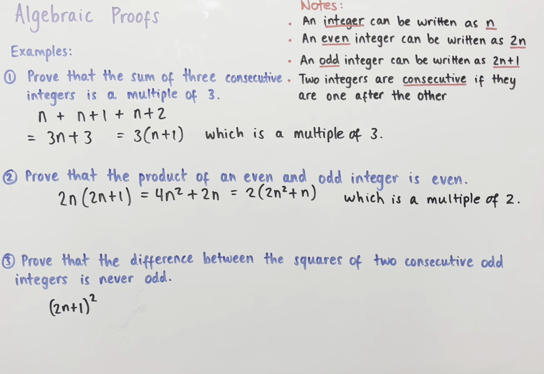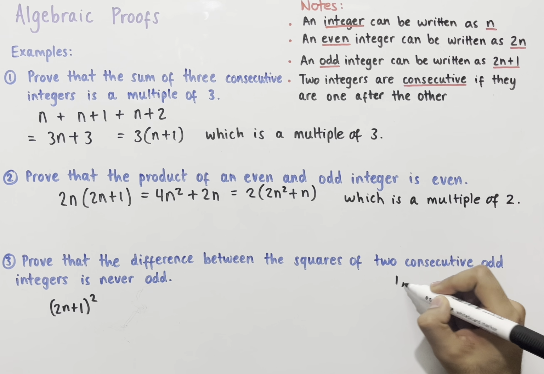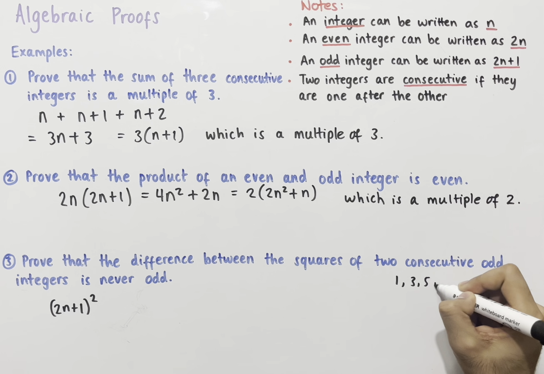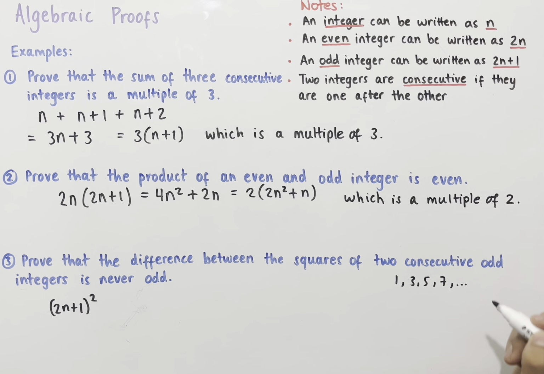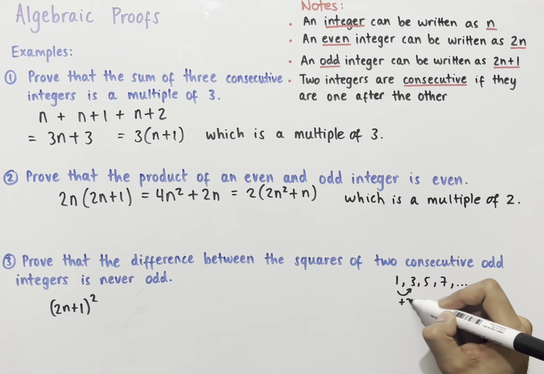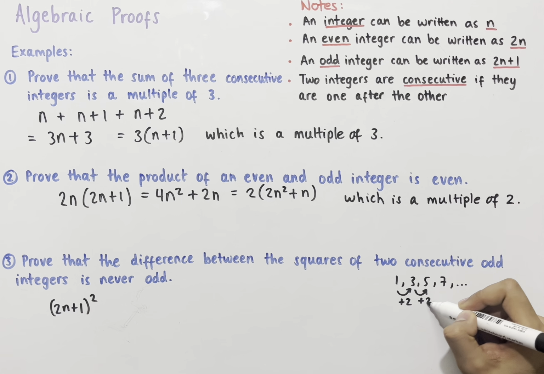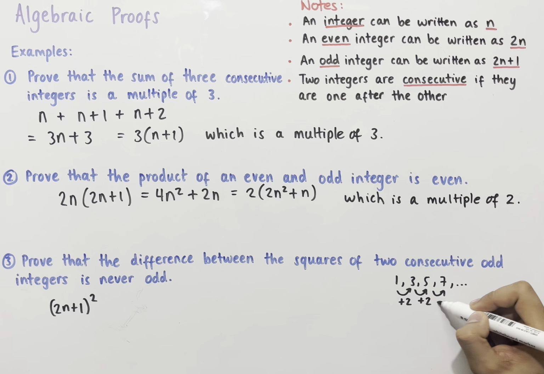If we think about odd integers, let's start by writing some down. So 1, 3, 5, 7, and so on. What we notice is that to get from one odd integer to the next one, we always end up adding 2. So 1 plus 2 gives us 3, 3 plus 2 gives us 5, 5 plus 2 gives us 7, and so on.